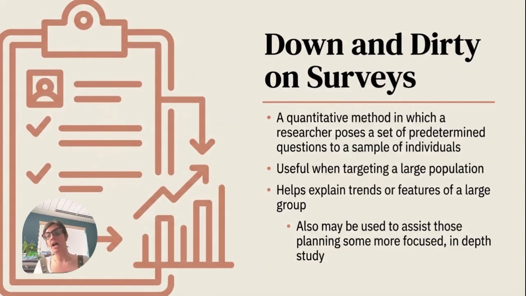And depending on how general or how specific your survey is, this could be a way to set up a deeper, more involved research study. So maybe more explanatory versus exploratory. So our survey is going to be very exploratory. We're just exploring the attitudes and perceptions of college students.